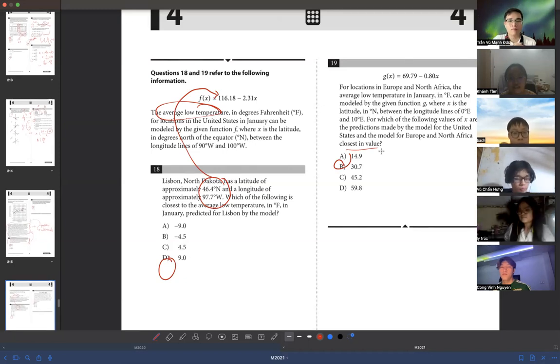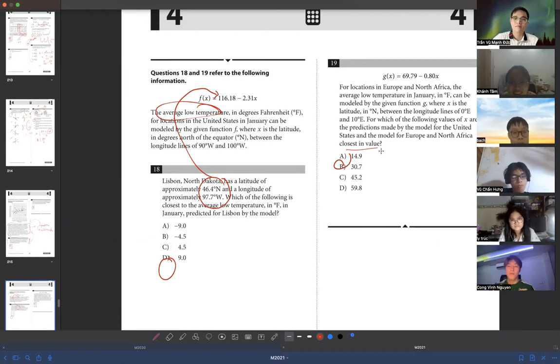It says that X is between the longitude lines of 0 to 10. I don't remember how I did it, but let's think. Let me just check.